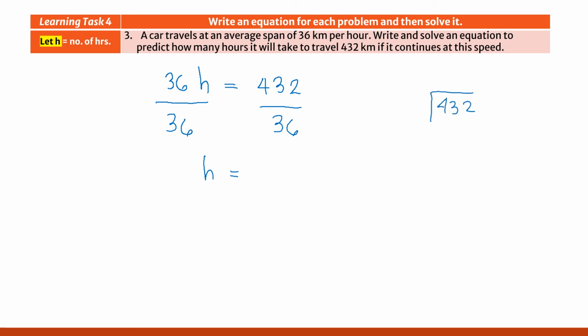I-divide nga natin. Okay. 43 by 36 is 1. So we have here 36. And then 43 minus 36. Well, so happened that the answer is 7. And then bring down 2. 72 divided by 36 is 2. And 2 times 36 is 72. So we have a difference of 0 here. So the answer is 12.